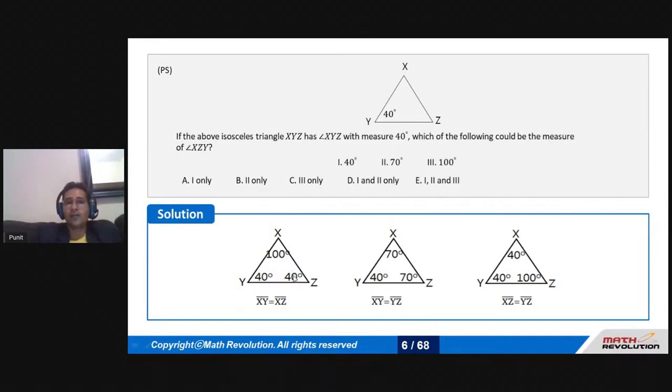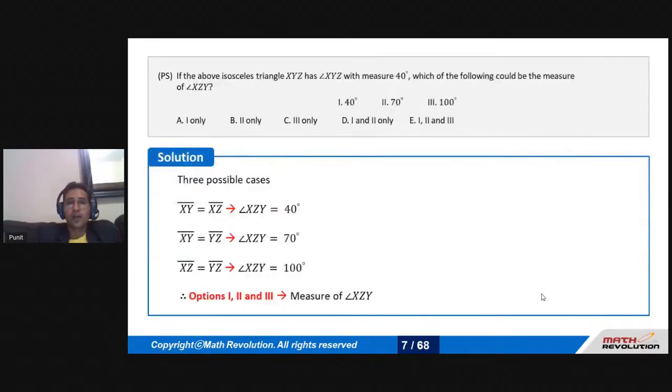So I have 40, 40, 100; 70, 70, 40; and 40, 40, 100. In that, XZ is equal to YZ. So if we go ahead with these three possible cases, all the options work fine. So my answer goes as E. The measure of angle Z could be 40, could be 70, could be 100 as well.